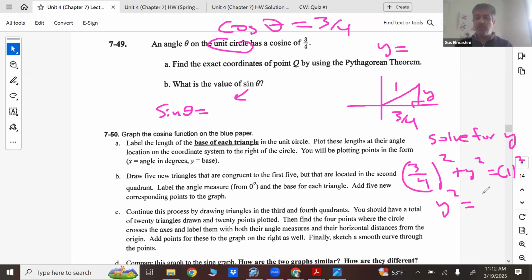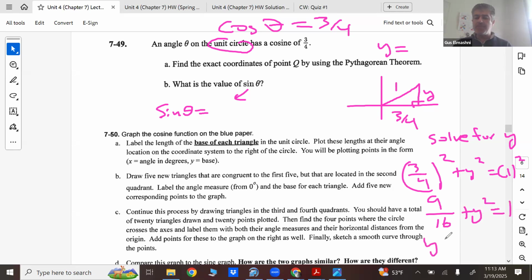Do you have an answer for y squared? Give us a fraction for y squared first. 9/16 is the left side. Move it over to the other side.